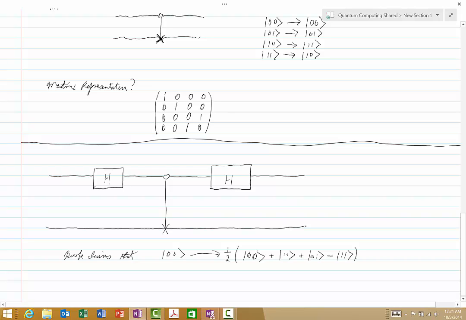And so our goal now will be to understand how that is the case.